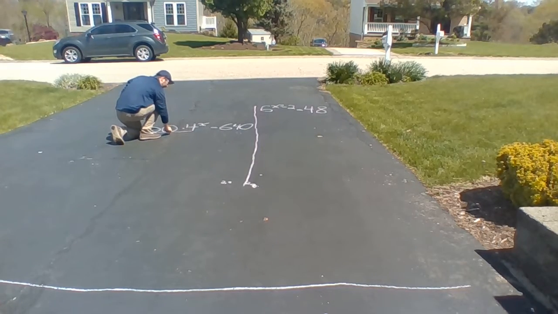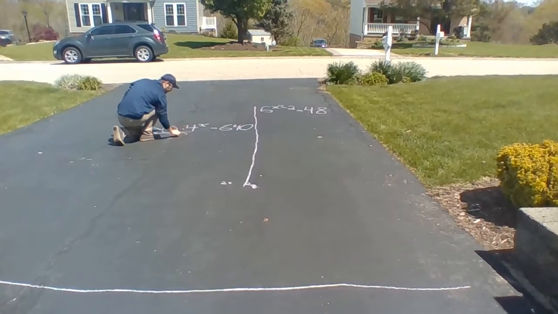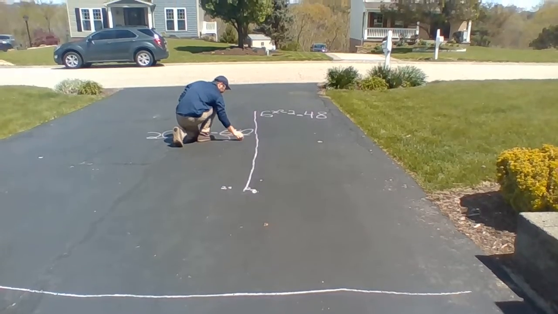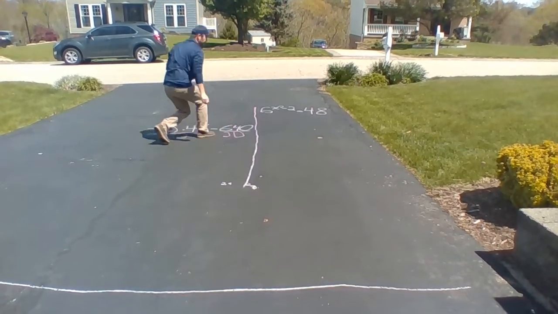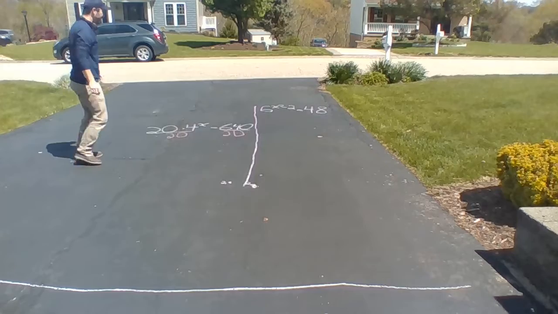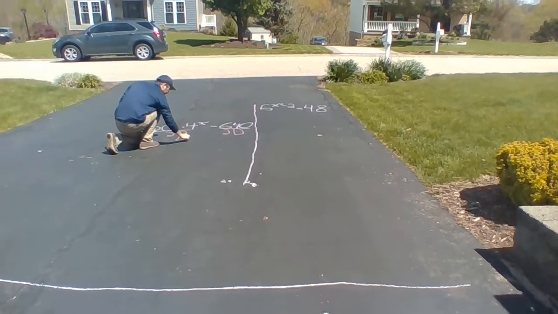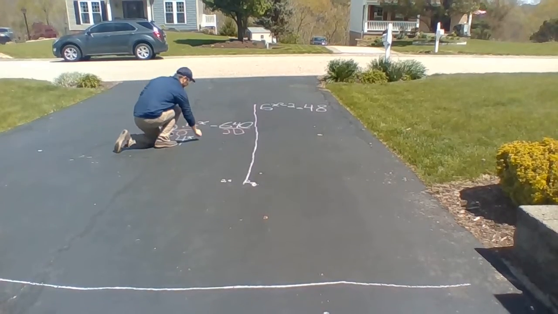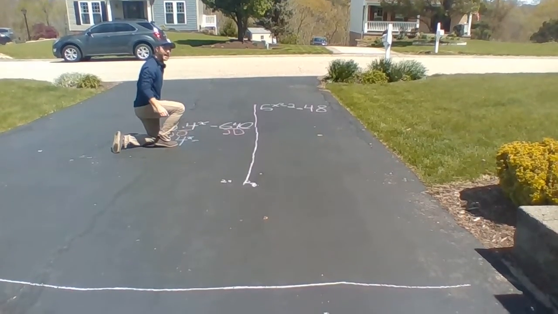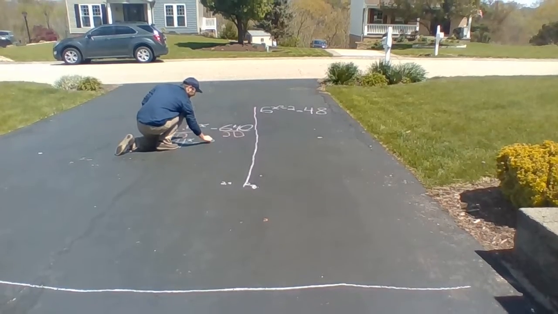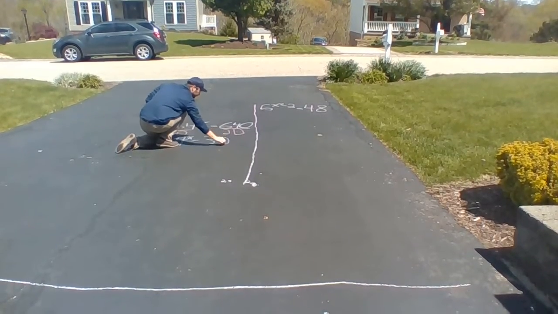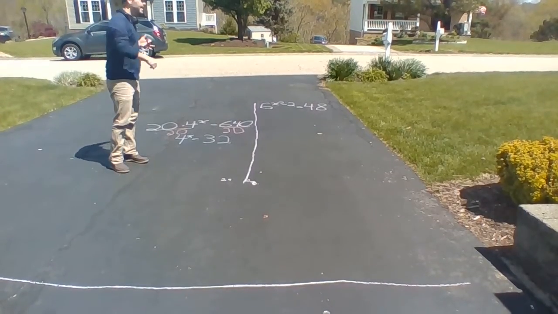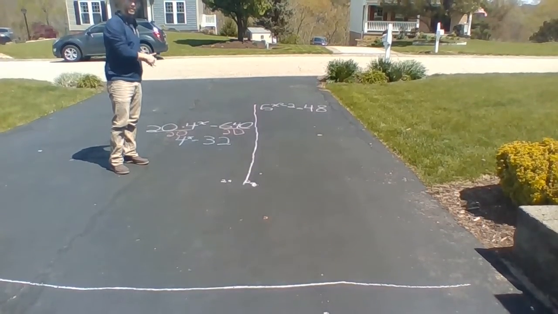So we'll divide both sides by 20, and now what I'll have is 4 raised to the power of x equals 640 divided by 20 is 32. Okay, so now I have the exponential term all by itself.